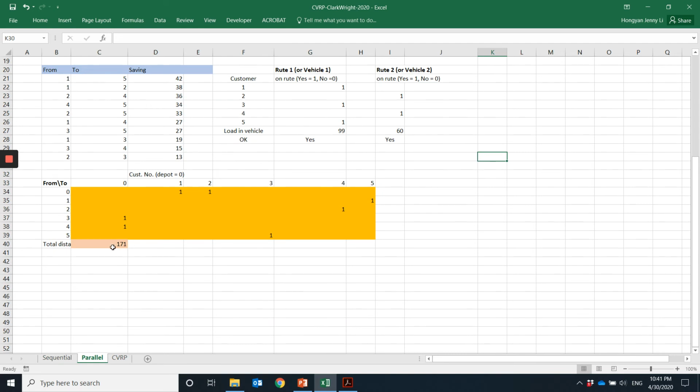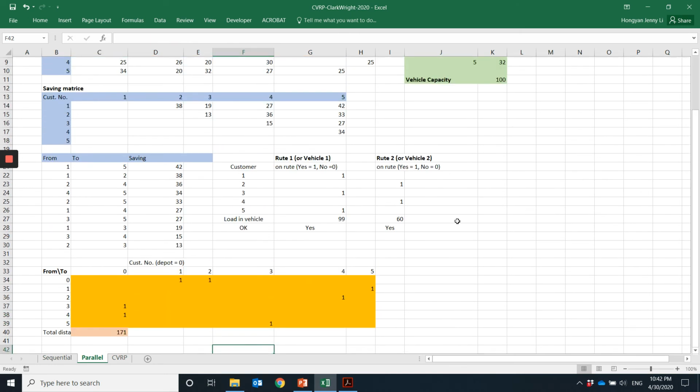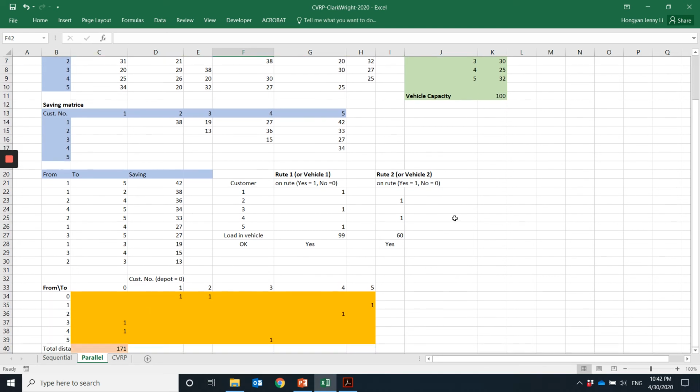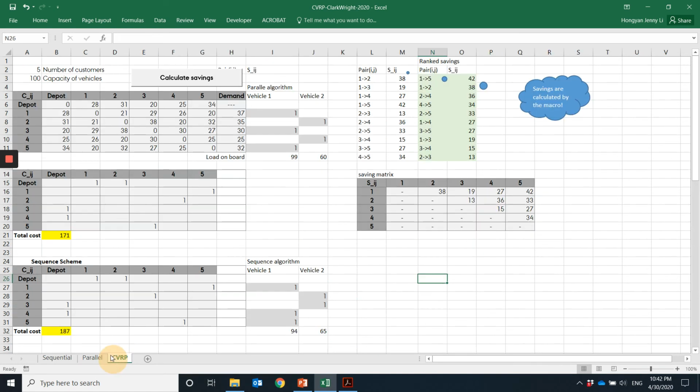Here you can see the total cost is lower, 171. That means the parallel algorithm gives the better result. So that's the manual implementation of the Clarke-Wright saving heuristics.